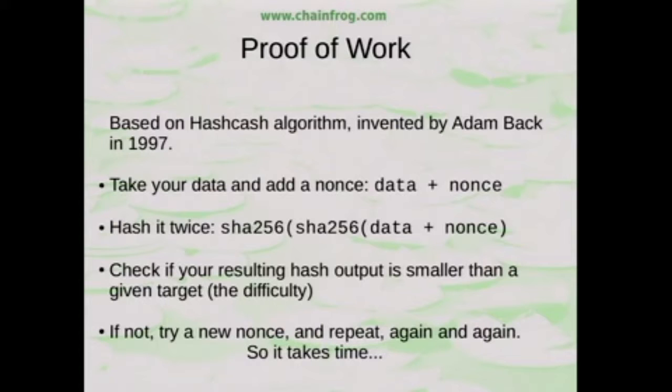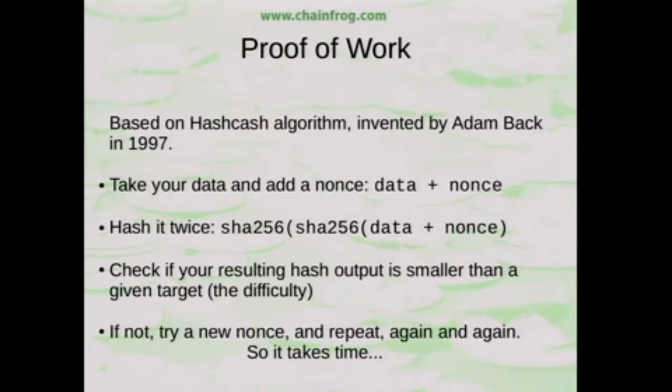Now I'm going to move on to this proof of work that I was talking about before. It's based on an algorithm called Hashcash, which was invented by Adam Back in 1997, and it was initially proposed to prevent spam in emails.